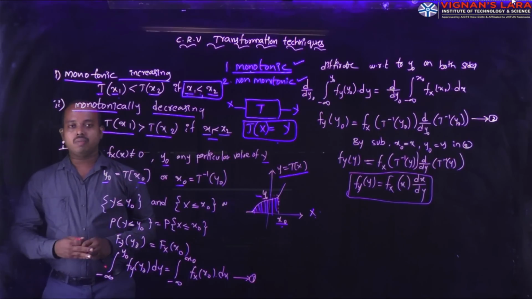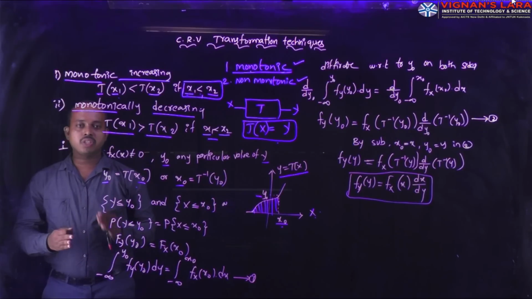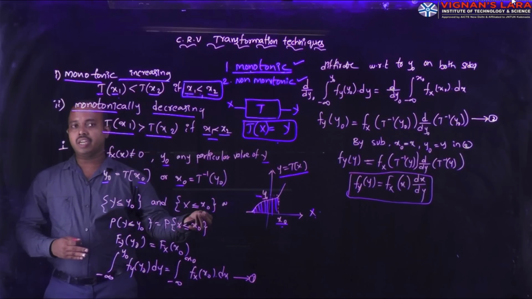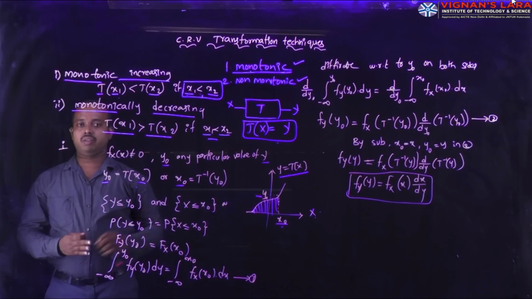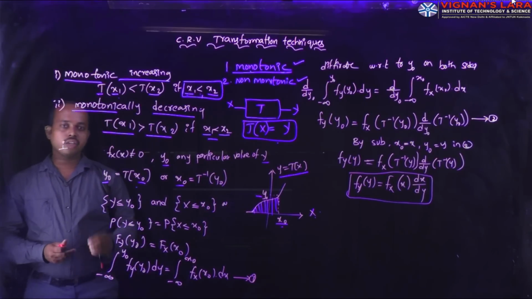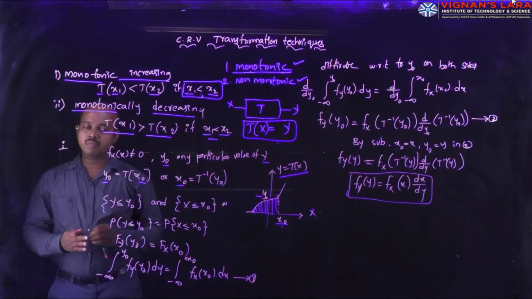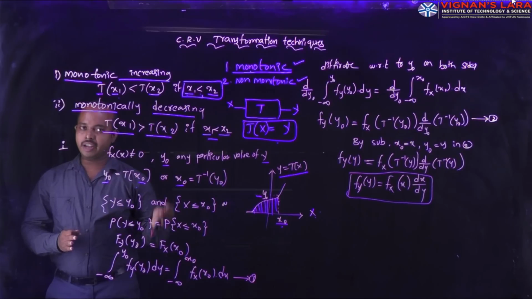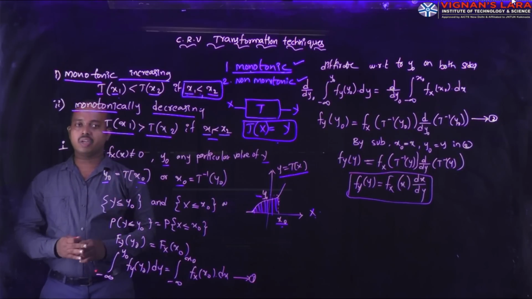Based on the monotonic transformation technique, the probability of the event relating to y and the event relating to x are both equal. I am repeating once again. According to the monotonically transformation technique, the probability of event y and event x are both equal.